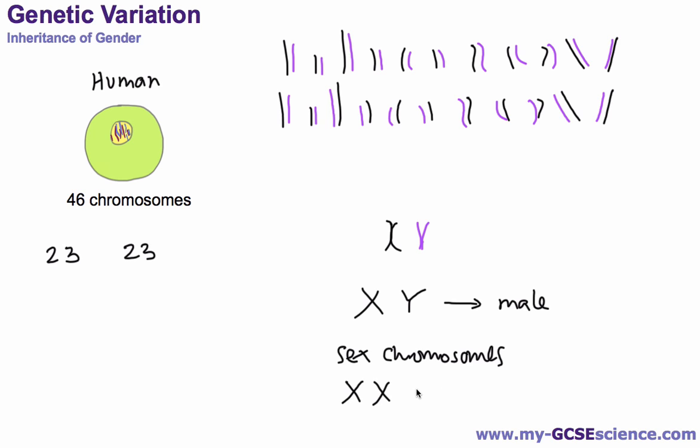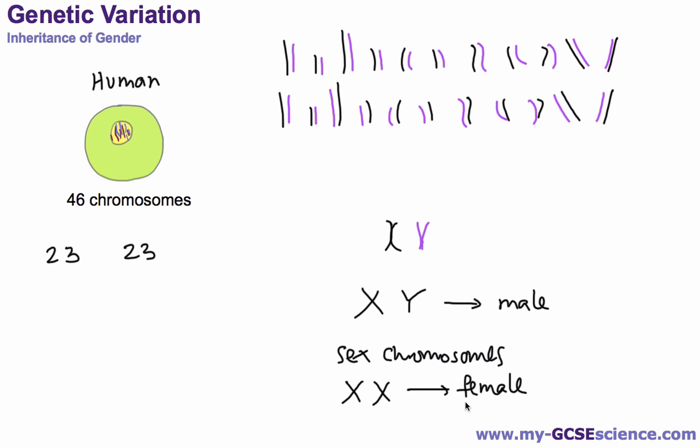Two X chromosomes, and that will make you female. So in this example here, this is an example of a set of chromosomes from a boy, because we have X and Y. If it was a female, a girl, it would be X and X. Now that's important to remember. So all males have X and Y, all females have X and X.